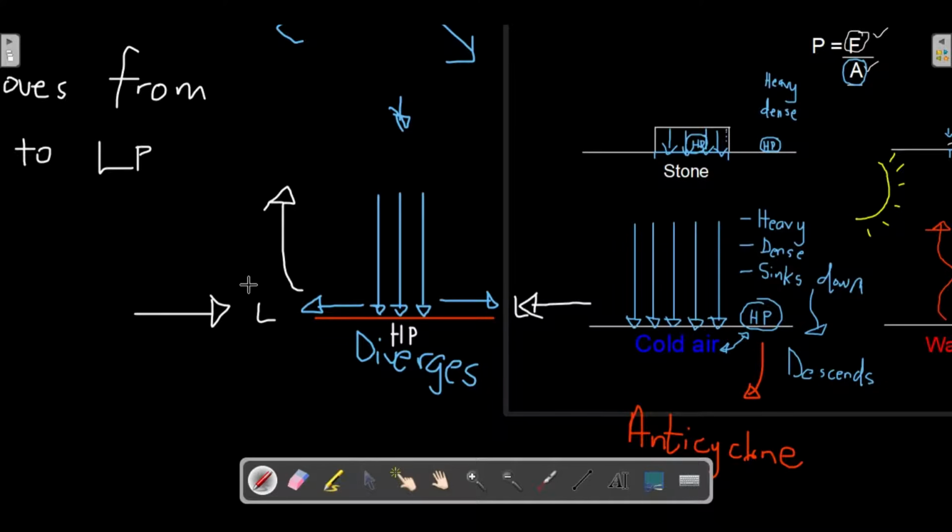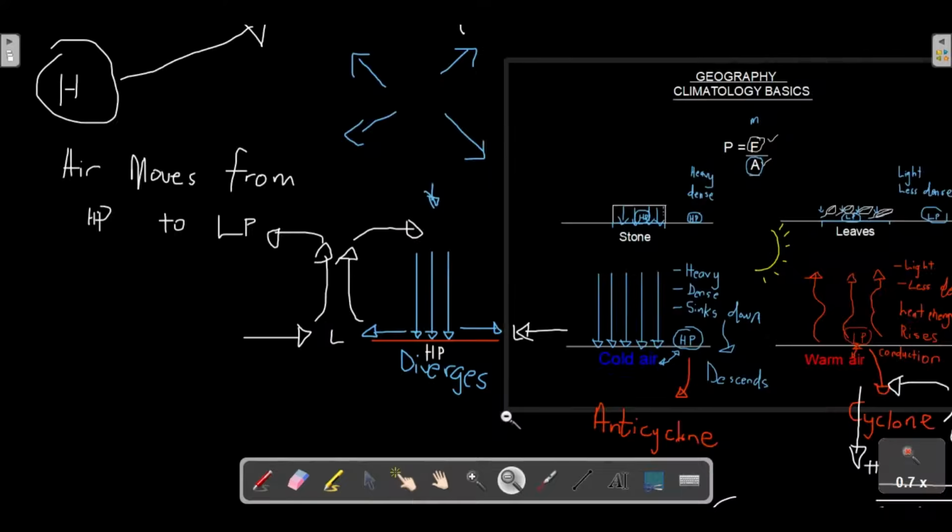They cannot go through each other, but rather rise up and then diverge at the top. So there's upper divergence and there's surface convergence here, as you can see. It's very important that you know what happens here.